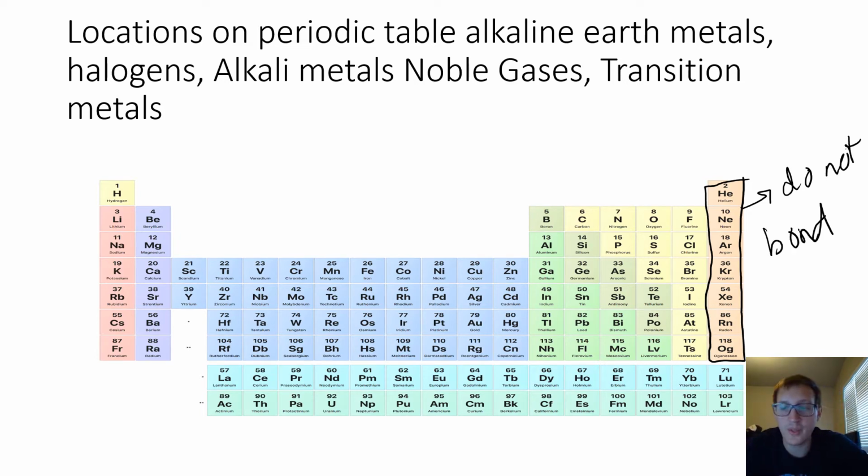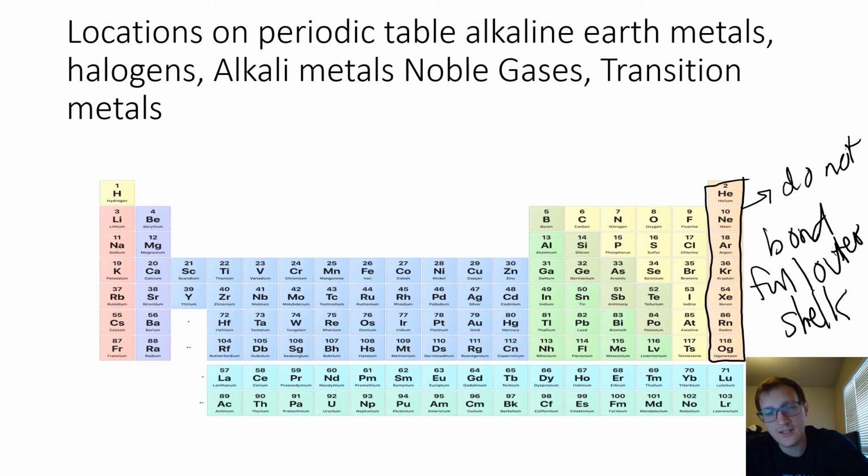They're called noble because basically they don't associate themselves with any of the other elements. These ones have full outer shells when it comes to electrons, which is why they don't bond to anything. In the next unit, when we talk about chemical bonding, we'll talk about how things share electrons or give electrons and that sort of thing.